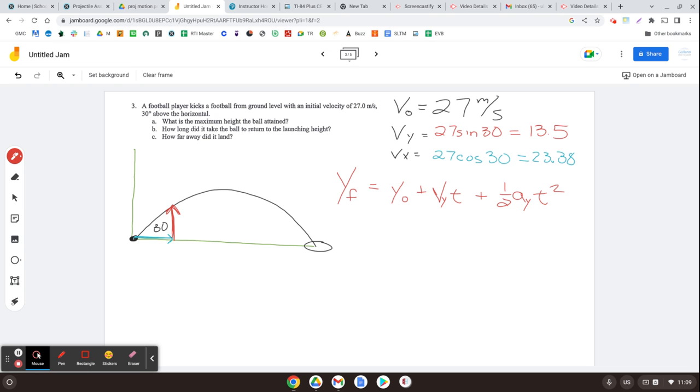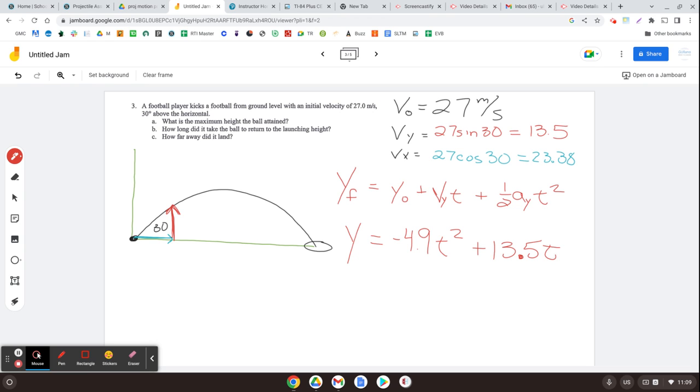We've used this every time. Well, that's just a quadratic, right? So y is going to be negative 4.9 t squared plus 13.5 t. You see that?